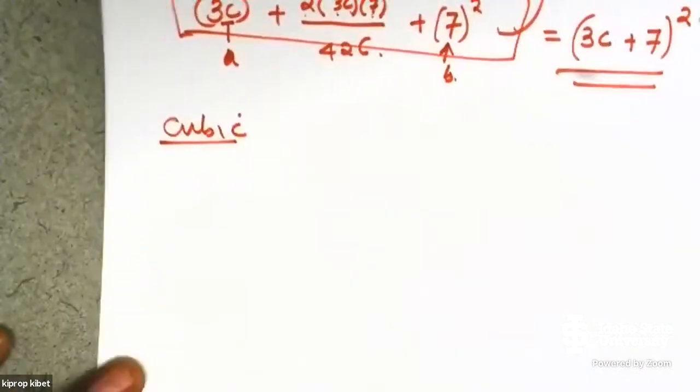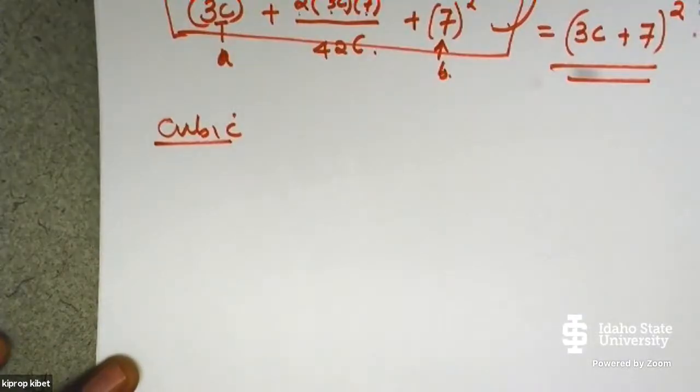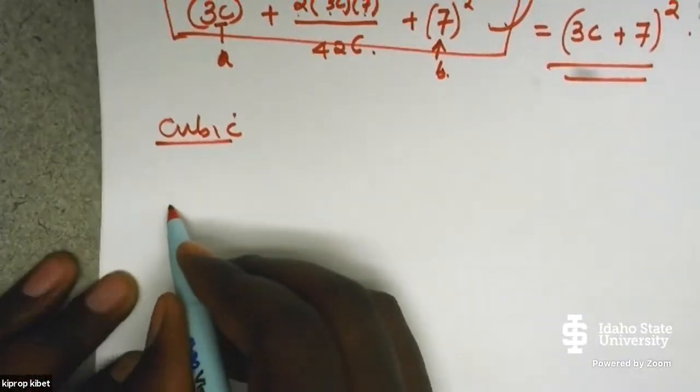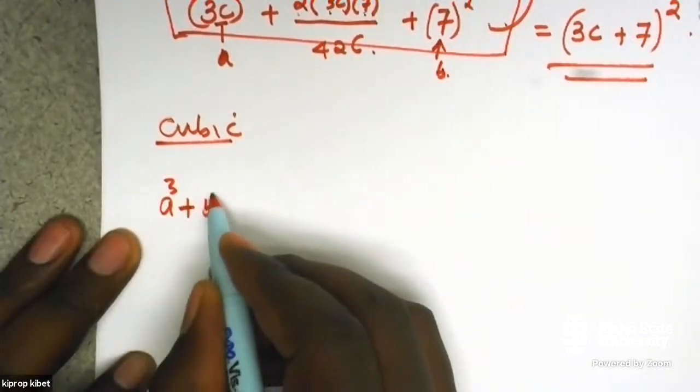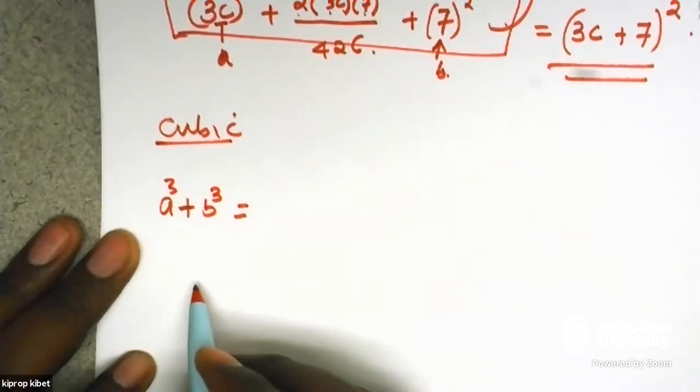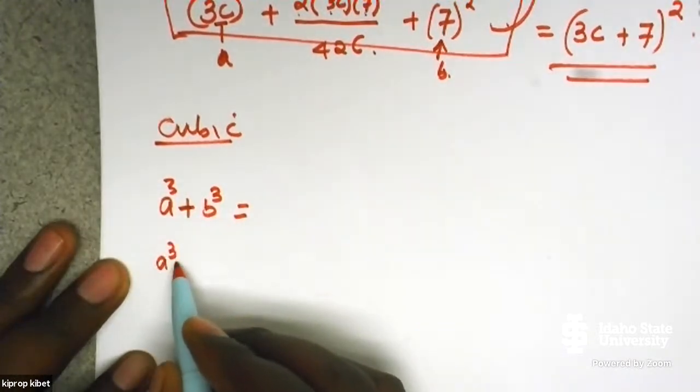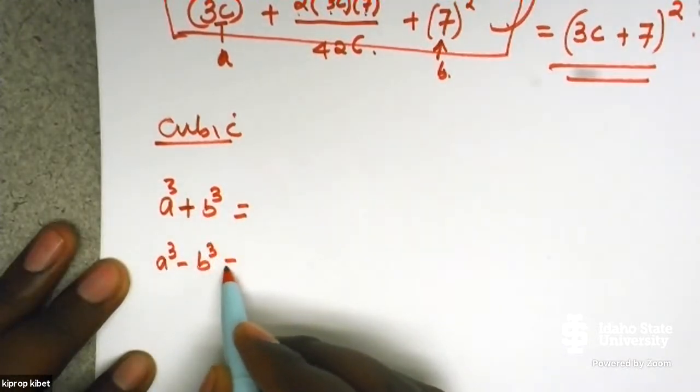The cubic. So what did we say? If you have a cube plus b cube, then what was this? A cube minus b cube, what is this?